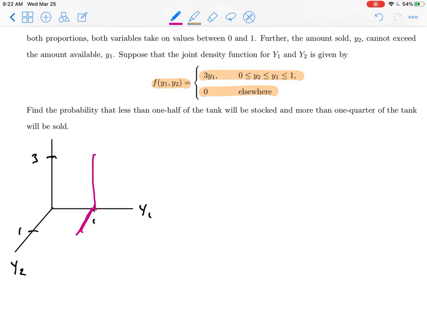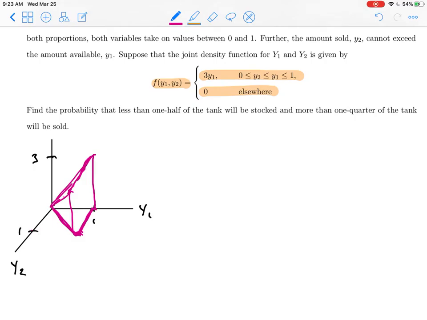So when y2 is 1, then it has to be the case that y1 is also 1. But really, down there on the floor, we have something that looks kind of like this. And so our graph looks kind of like that, right? It's kind of this wedge shape.